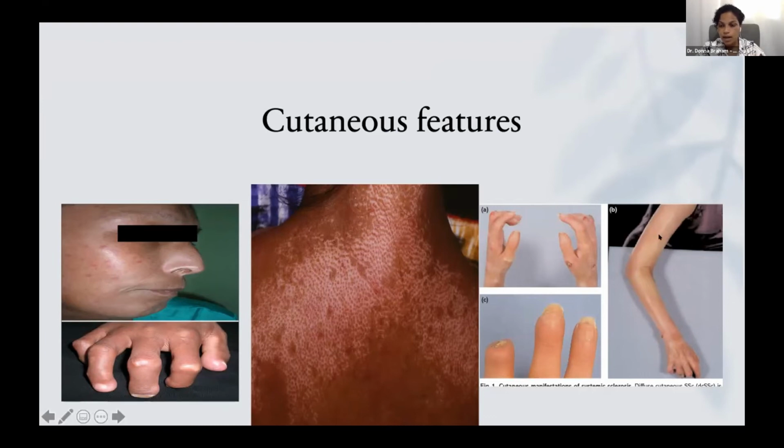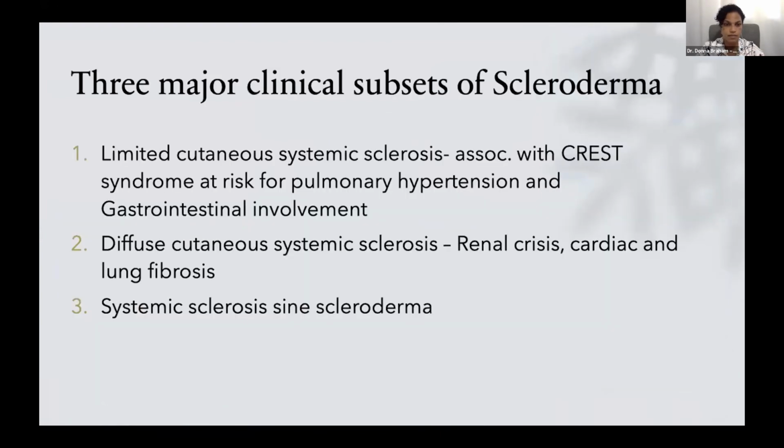If it is occurring just below the elbow, then that is limited sclerosis. If it is occurring above and it's involving the upper arm as well as the torso, then you have a more generalized sclerosis, or diffuse cutaneous systemic sclerosis.